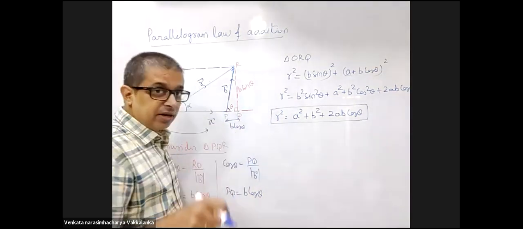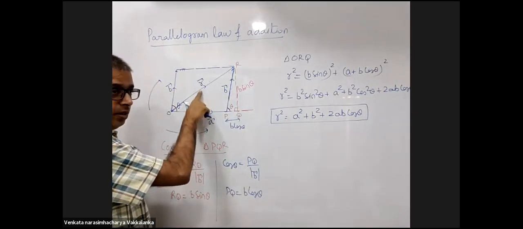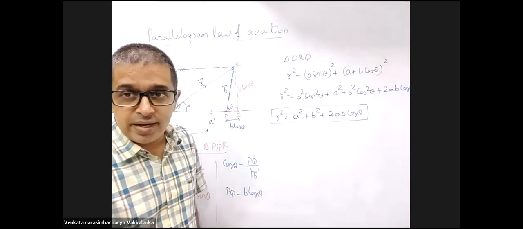R is a vector. So along with the magnitude, you should tell me the direction. How will I be able to tell the direction?